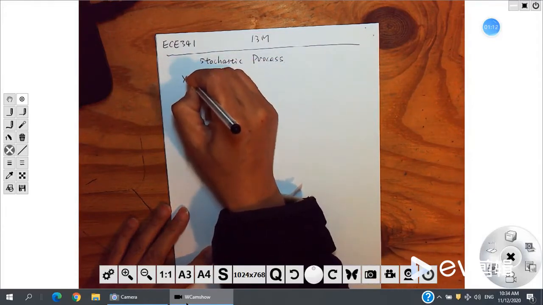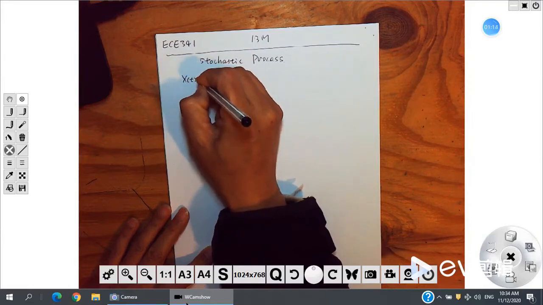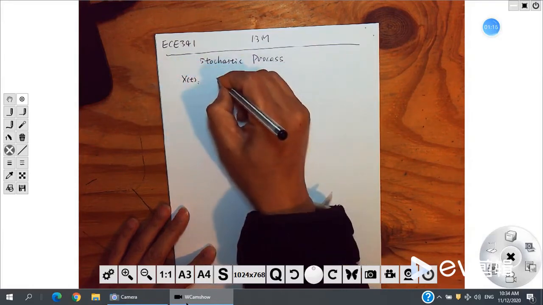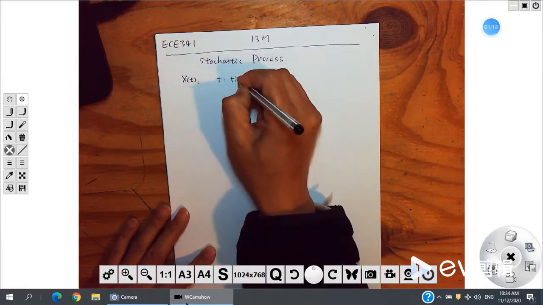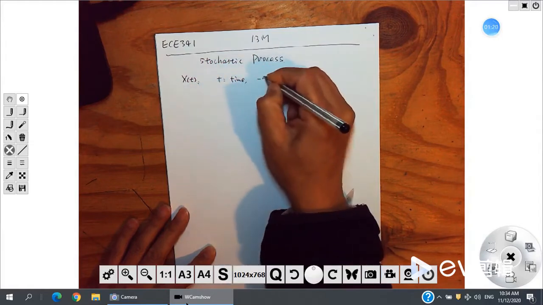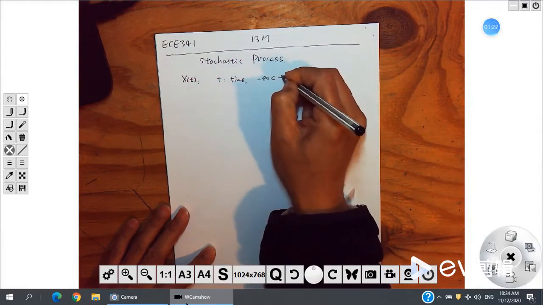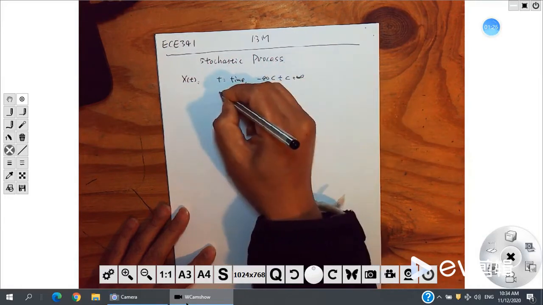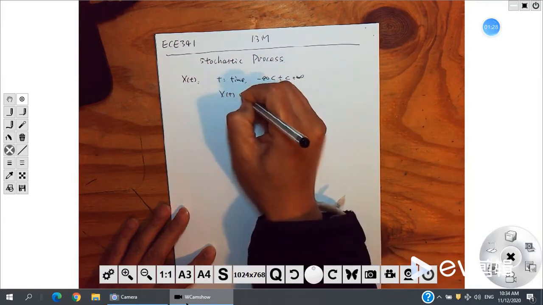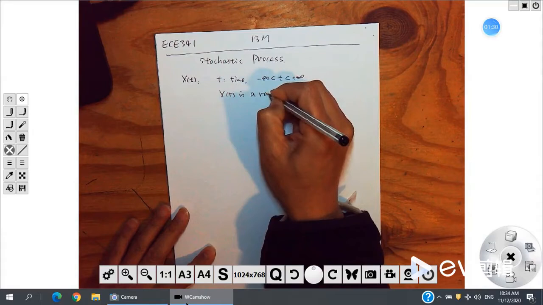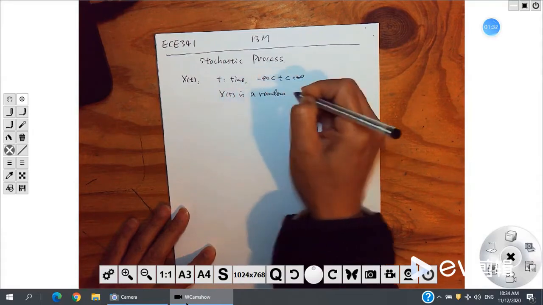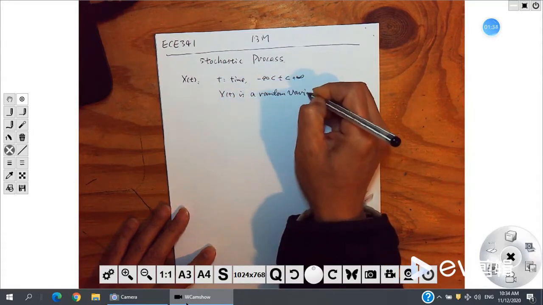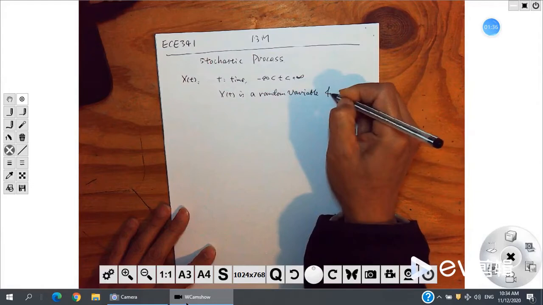X of t, where t is the time, running from negative to positive infinity. X of t is a random variable for every t.